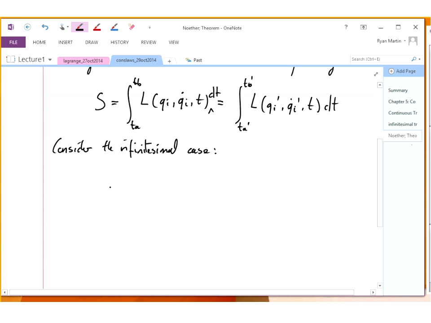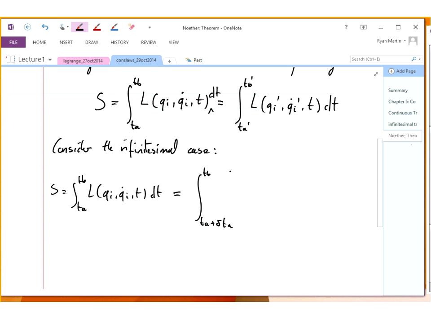So what we really want is, where S is equal to the integral from TA to TB of L of the QI dot, and T dt. We want it to be equal to the action after an infinitesimal translation.